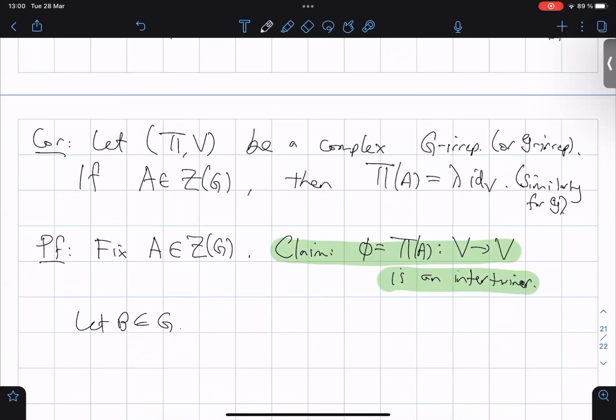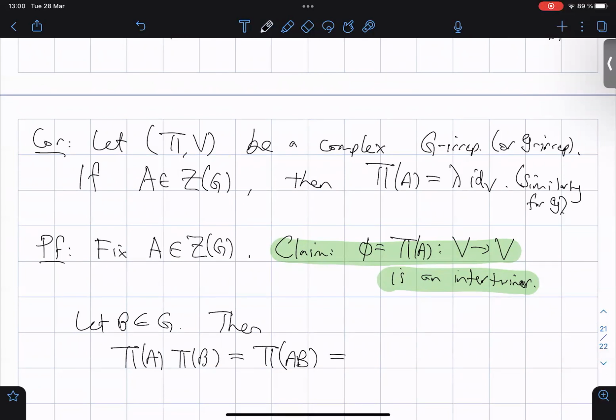Let's take any B element of G. We want to check that pi of A and pi of B commute. Well, pi A pi B, use the homomorphism condition, so this is pi AB.